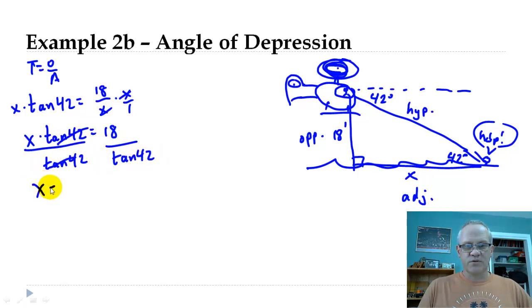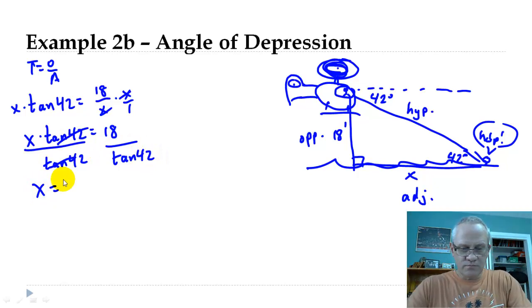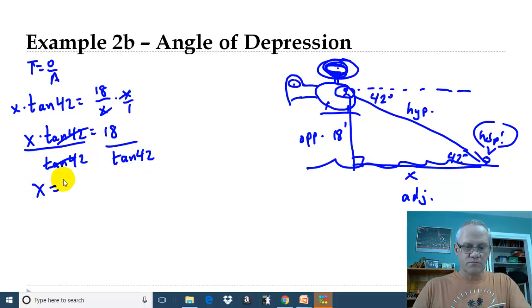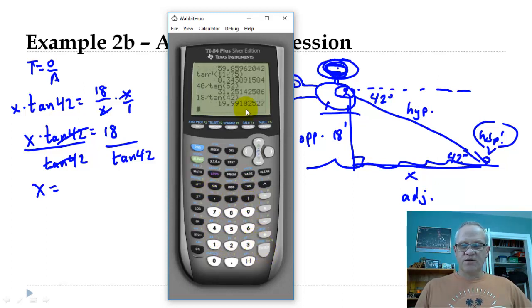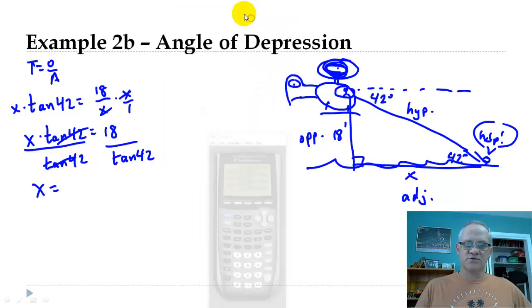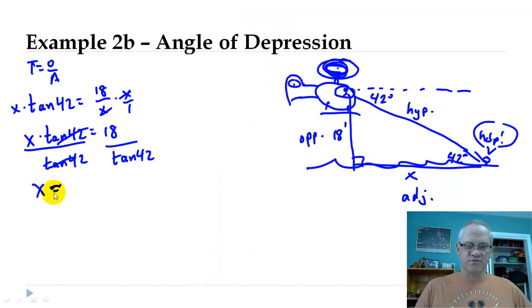And so then we just do 18 divided by the tangent of 42. Type that into our calculator, and we're going to get 19.99, so that's approximately 20 feet. And so we will say that x is approximately 20 feet.